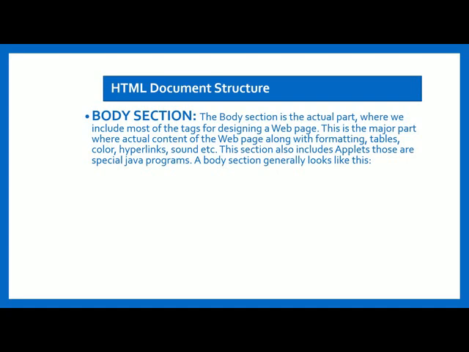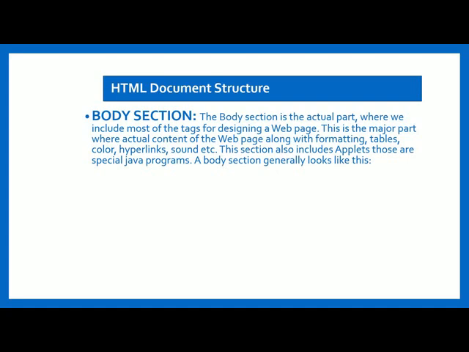The body section is the actual part where we include most of the tags for designing a web page. This defines the document's body. It contains all the contents of an HTML document. This is a major part where the actual content of the web page, along with formatting, layouting, tables, images, color, hyperlink, sound or audio can be included.